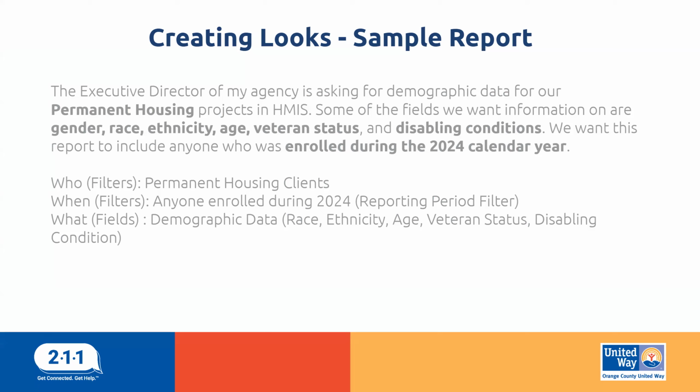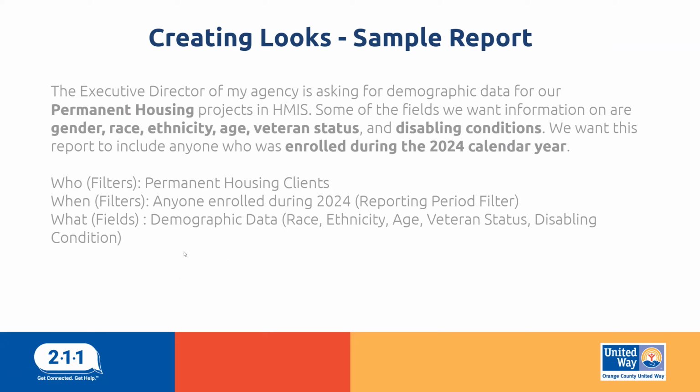Typically when we're creating reports, I like to frame any question or reporting request I get in the question of who, what, and when. The reason I like doing this is that breaking the reporting request down into these questions makes it easier to find out what fields we're going to use and what filters we're going to use.